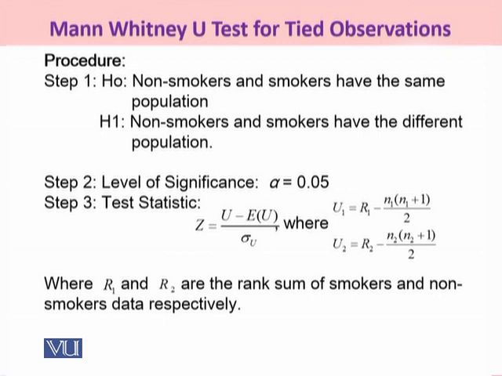Step number 2 is the level of significance, and as you can see, it is mentioned as 0.05. Under test statistic, we are going to use the normal approximation, the reason being that both of the sample sizes are greater than 20.